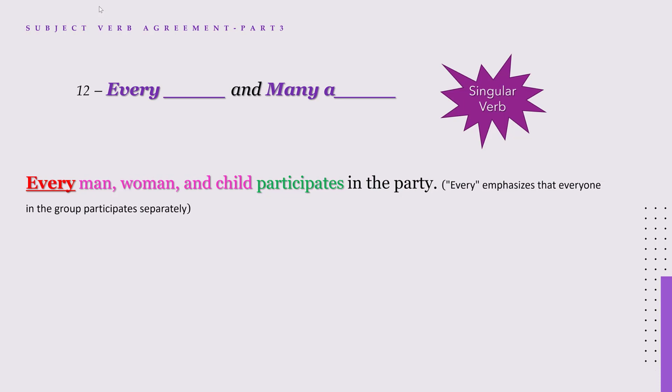It's treated as a singular subject because of the word every in this sentence. It's good to know every emphasizes that everyone in the group participates separately. So it takes a singular verb to maintain subject-verb agreement.